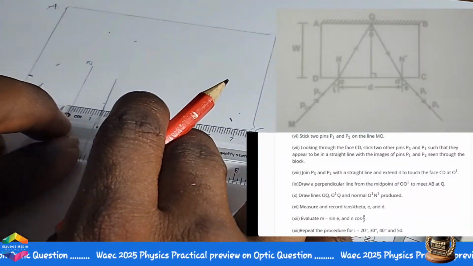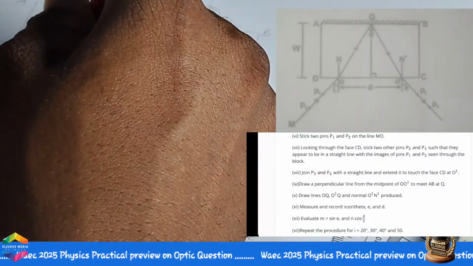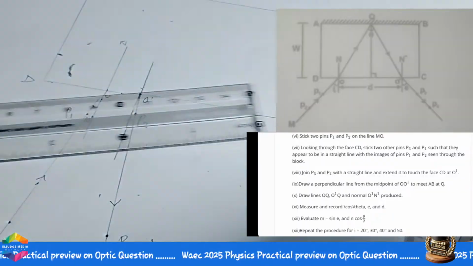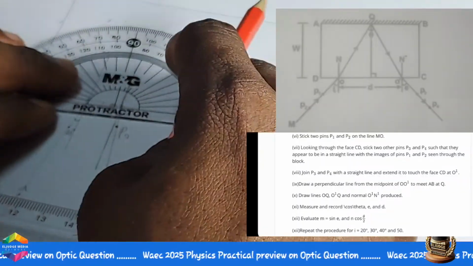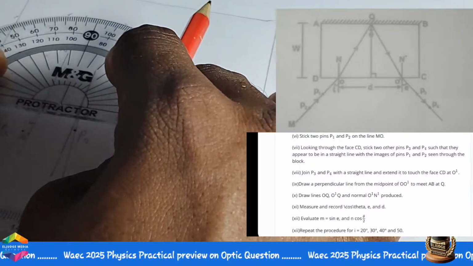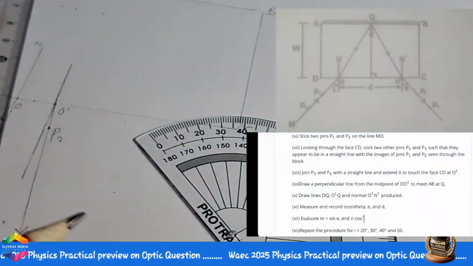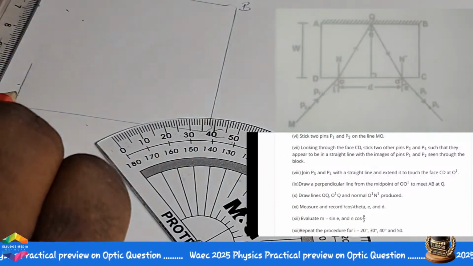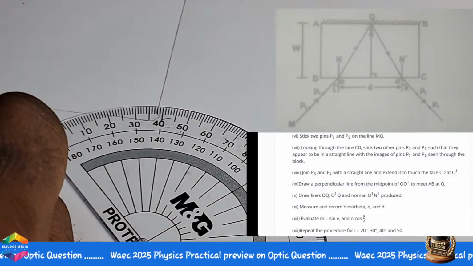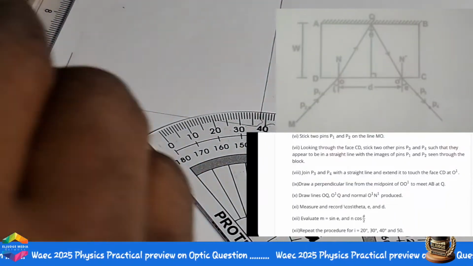So let's take this 0.65. Then use your protractor to set the angle 90 from it. Let's see what I'm doing.